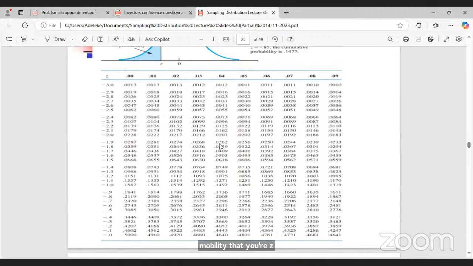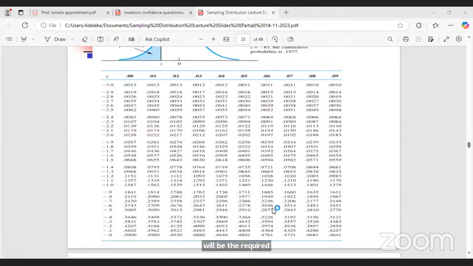The value of Z to 1 decimal place is stated in the first column, while the other columns make it up to 2 decimal places. So I get minus 0.2 in the first column and trace it down to 0.5, and that makes it minus 0.25.